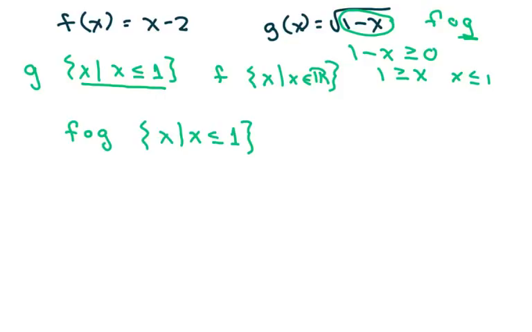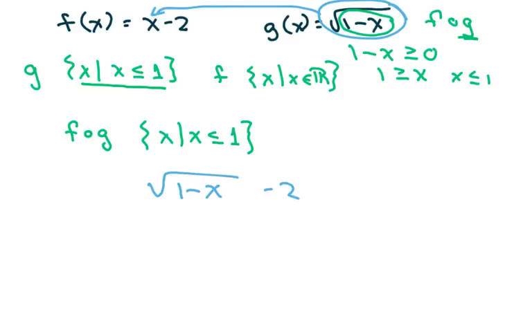And if I compose this, I'm plugging g inside of here. So basically, I'm putting g inside of this x. So you get square root of 1 minus x minus 2. That's f of g. Alright, so basically, from previous work we've done, that tells you that this is the domain.